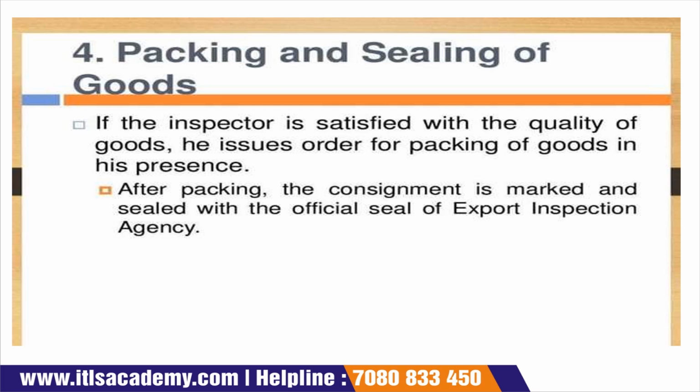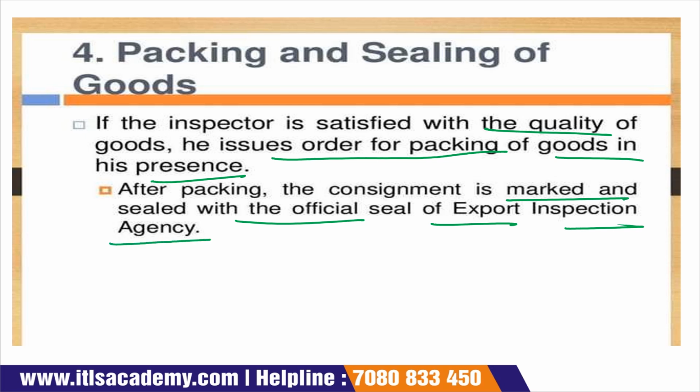If the inspector is satisfied with the quality of the goods, he issues an order for packaging of goods in his presence. Suppose that the inspectors who have gone to an exporter's place for an inspection are satisfied with all the quality of the goods, then they issue the order of packaging of goods in his presence, and after packaging the consignment is marked and sealed with the official seal of the export inspection agency.